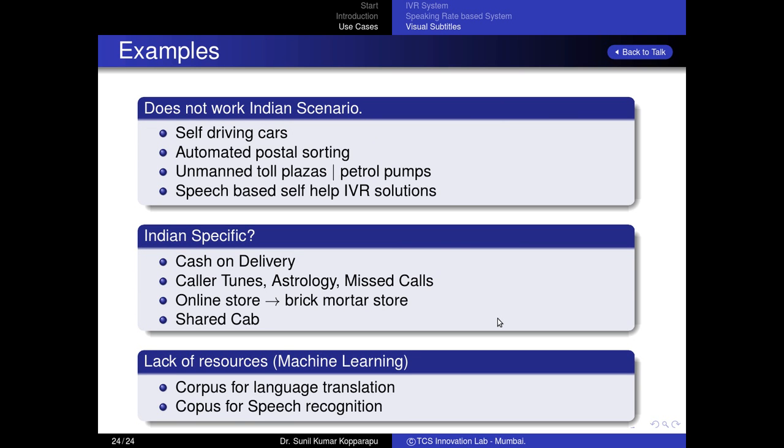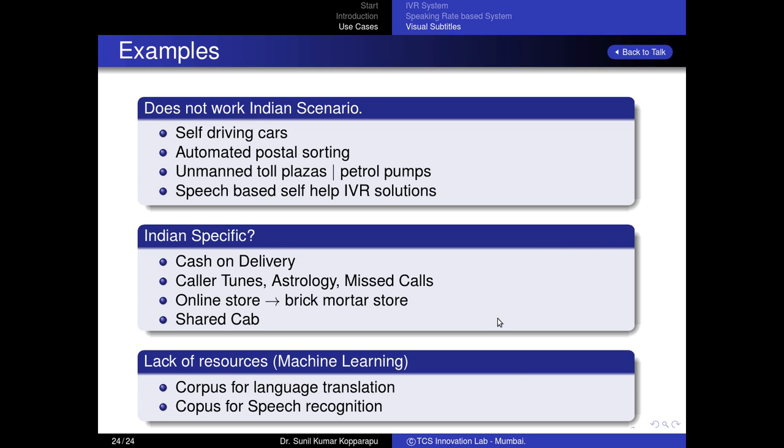For example, things that work elsewhere but are not going to work in the Indian scenario are self-driving cars. Why don't they work? Because we drive by the horn, we don't follow rules, we never have lane traffic, things like that. Automated postal sorting seems to work elsewhere in the world, but in India it doesn't work because of the number of scripts that you have, and not necessarily using pin codes and things like that.